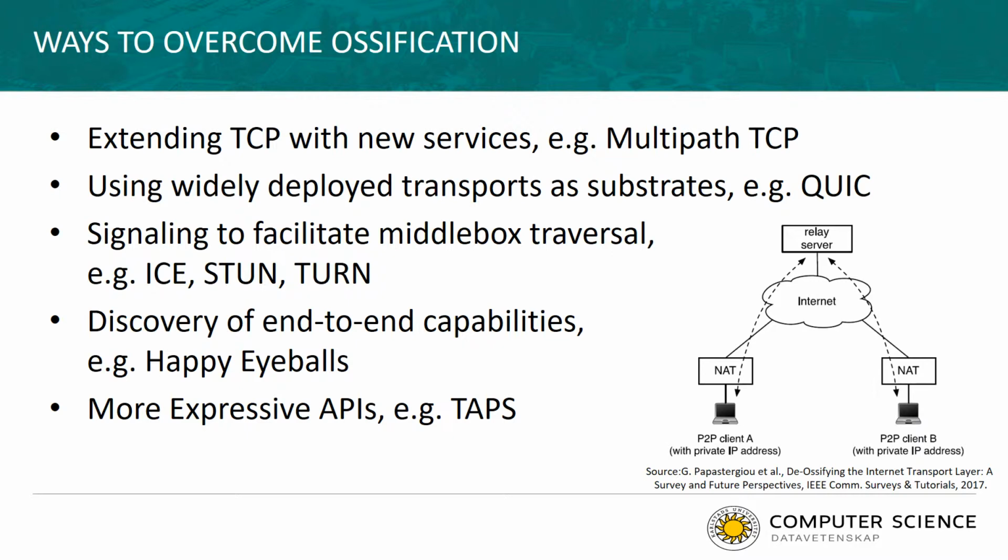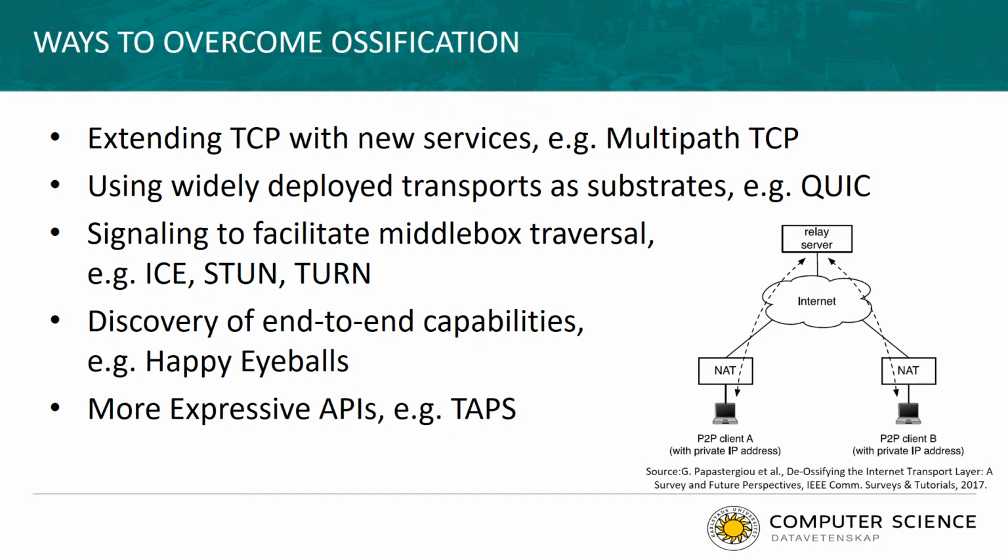So the functionality of QUIC is built on top of UDP, and this means that it can get through the network and it's not seen as a new protocol. And the content of QUIC is also encrypted in order for the network to not be able to ossify around its content or to manipulate the content of the packets.